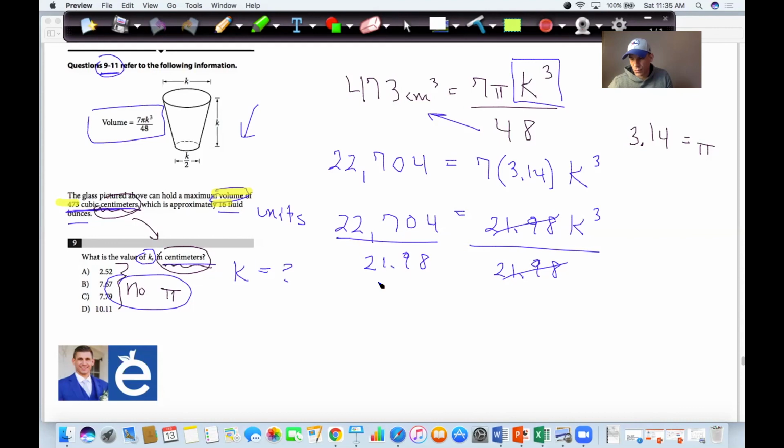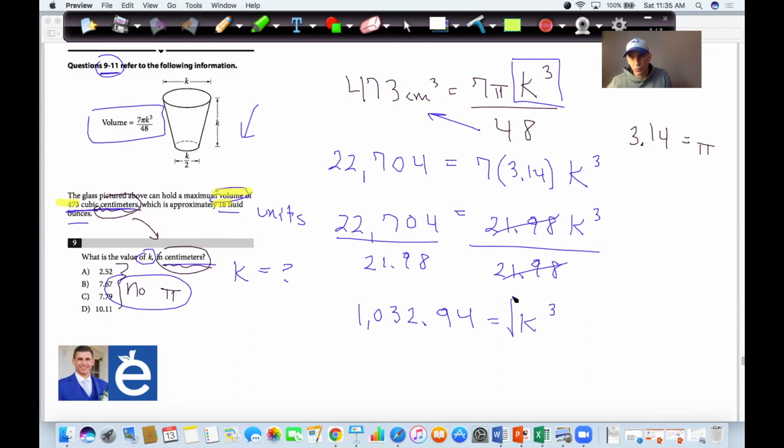So you have 22,704, and then divide it by 21.98, and I end up getting 1,032.94. And notice I purposely took it to the second decimal, right? I'm not rounding all the way until the very end, and this becomes k to the third.